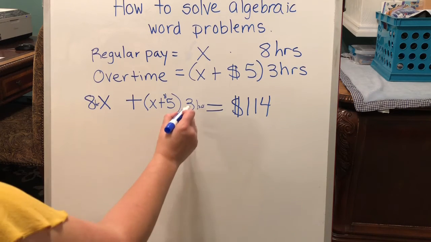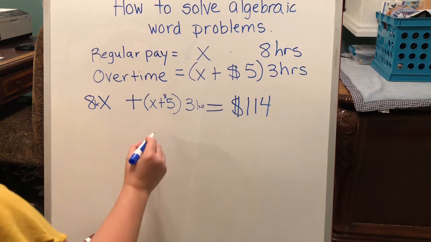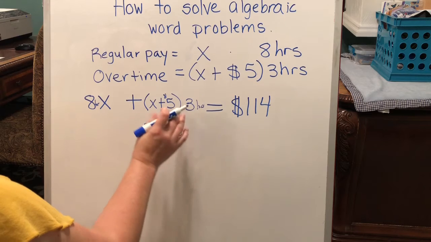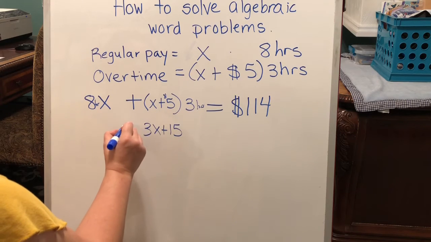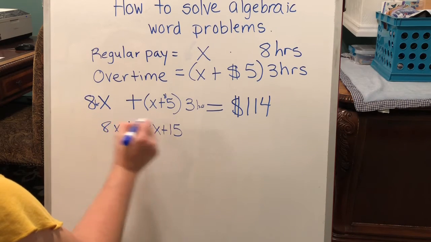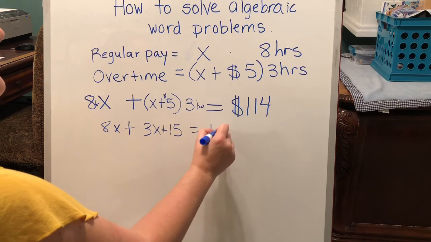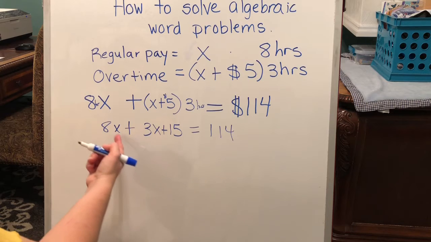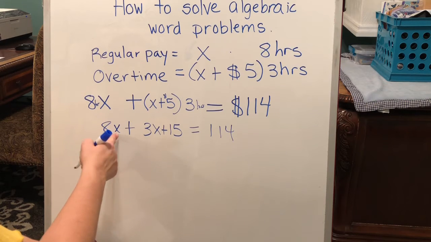So we're going to distribute: 3x plus 15. And now we can remove those parentheses, plus 8x equals 114. All right, can we combine any like terms? It looks like we have an 8x.